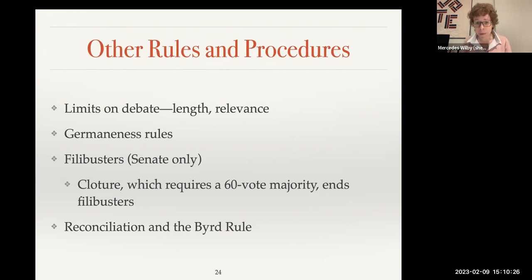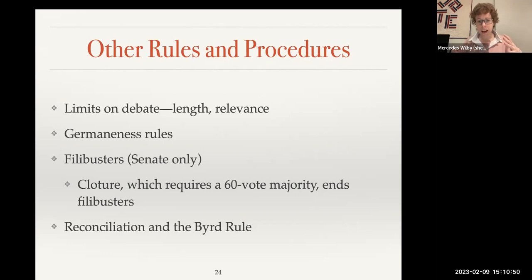And the only way to stop them is to implement cloture, which requires 60 votes. So all you need is 41 senators to agree to let you keep talking, and you can keep talking. So that again protects the minority. You can have a string set up. So you filibuster for a while, then your colleague, then the next one. So you don't have to hold the floor the whole time.